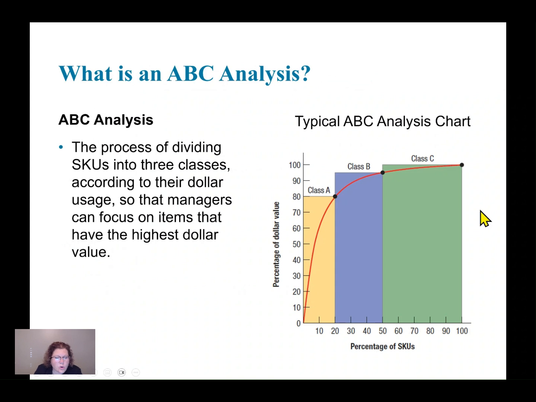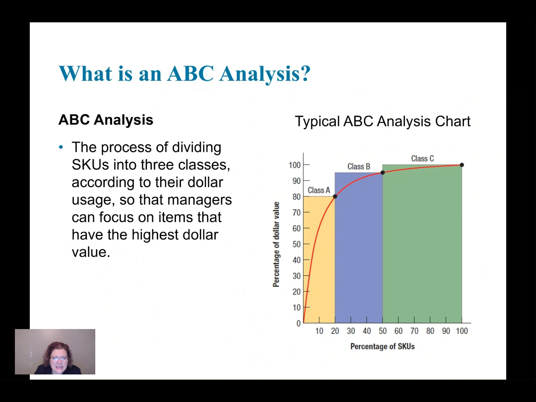So we can actually organize our inventory items based on how important they are. This basically means that we don't have to manage all inventory items equally. We can set priorities. In this example, we've got an ABC analysis, which is a way of organizing your inventory items.